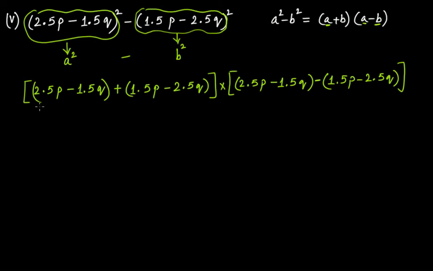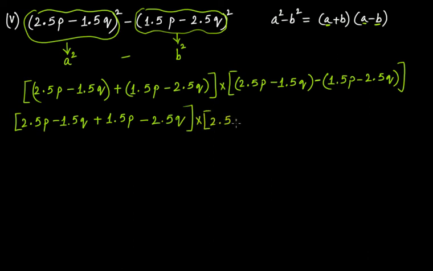Now if you open the bracket here you get 2.5p minus 1.5q plus 1.5p minus 2.5q, right? Okay, multiplied by 2.5p minus 1.5q minus 1.5p, minus here means plus 2.5q.